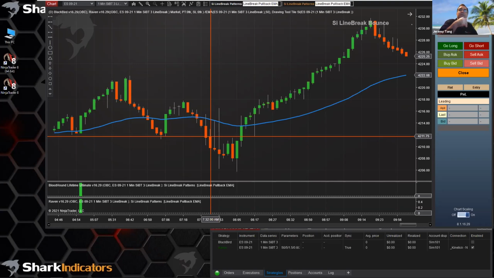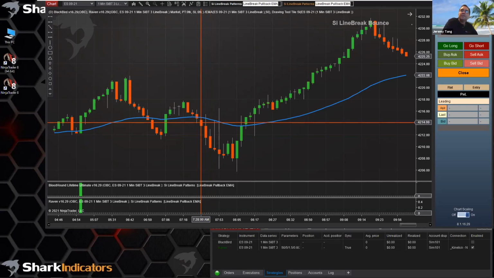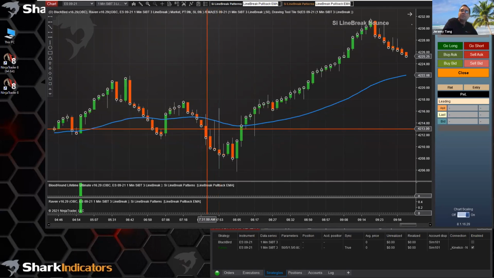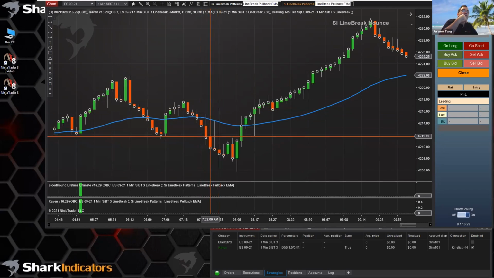Seeing the true open price of the bar generates more accurate backtest results. So that's the big difference: this backtestable line break bar not only has the wicks, but it also has the correct opening price.